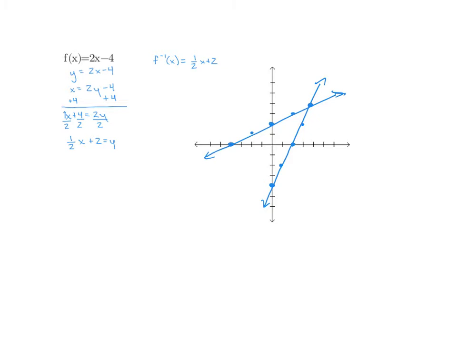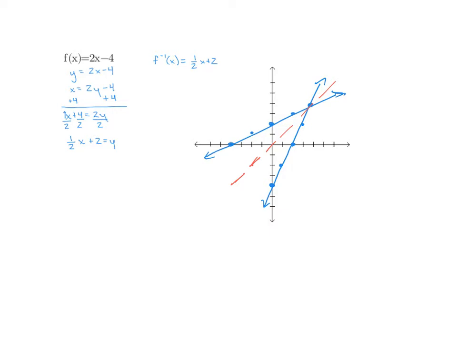Okay, so remember that we also want the line y equals x. And sorry, I'm not capable of drawing straighter lines on my iPad. But we should get something that looks like this. Okay, let's go ahead and label our points.